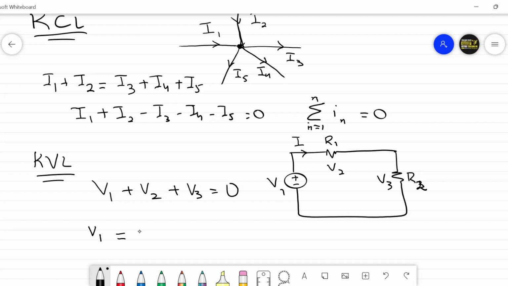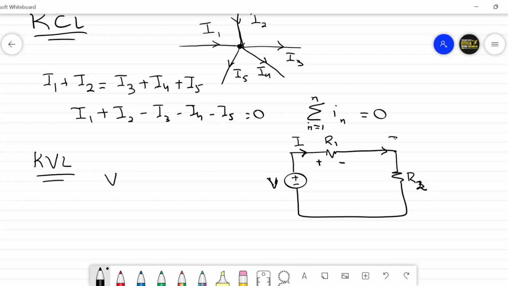This is voltage V. When a current I is flowing through this resistance, this terminal becomes positive and this terminal becomes negative.